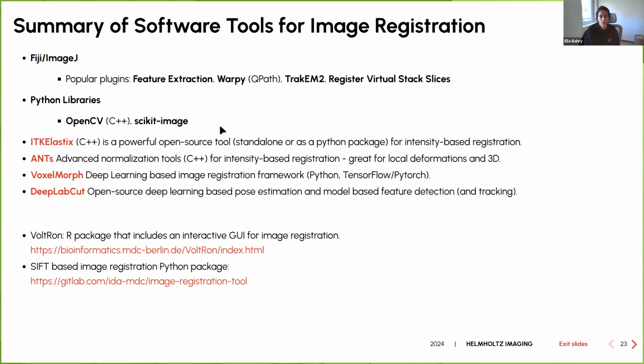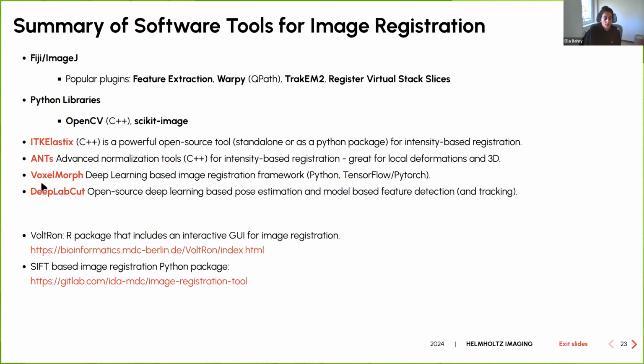It also works in 3D, and it's generally for intensity-based or mutual information approaches and those kinds of iterative approaches. We mentioned ANTS, especially for neuroscience images, but also just generally you can apply it for 3D, especially when you have local deformations.